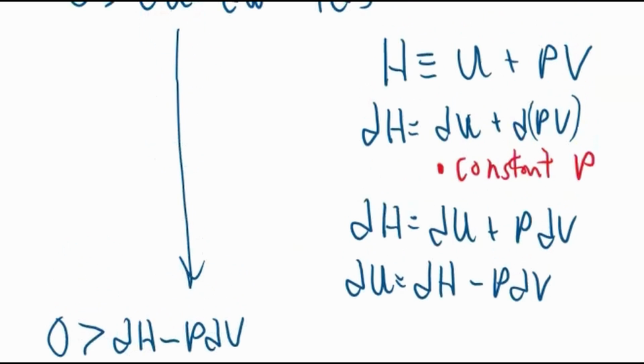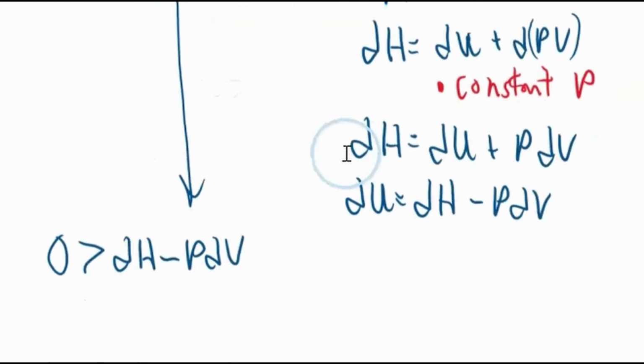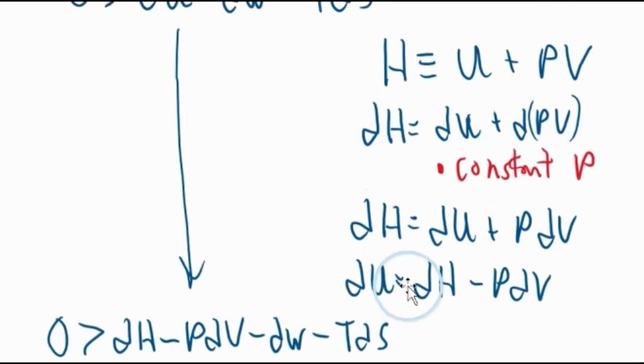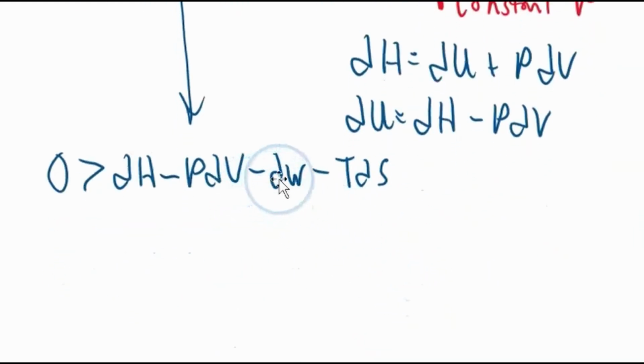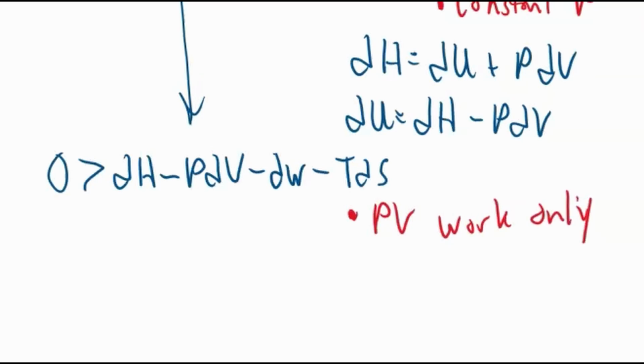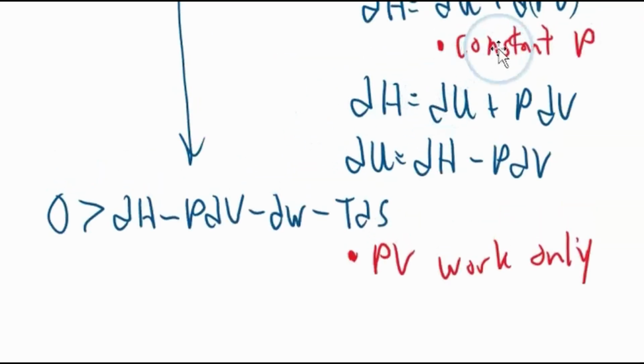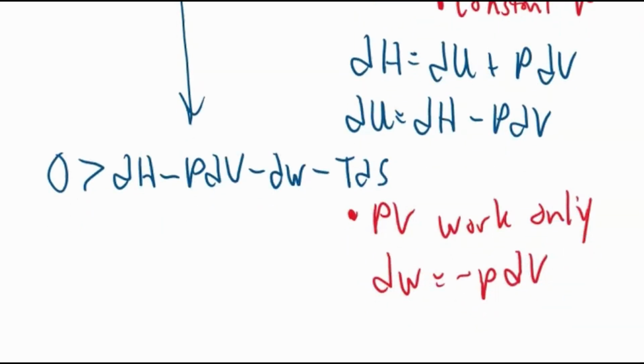This is our dU. Now we have minus dw minus T dS. Now for the work dw, if we allow for pressure-volume work only, and remember, pressure is constant, then dw equals negative P dV, no other work.